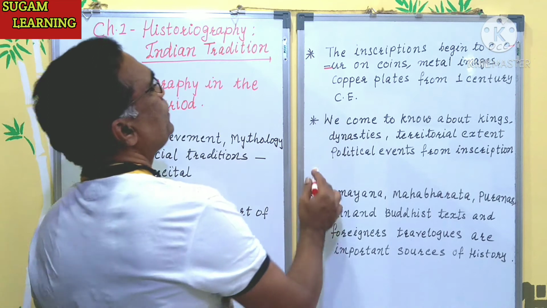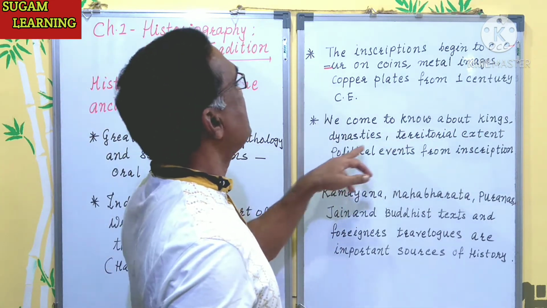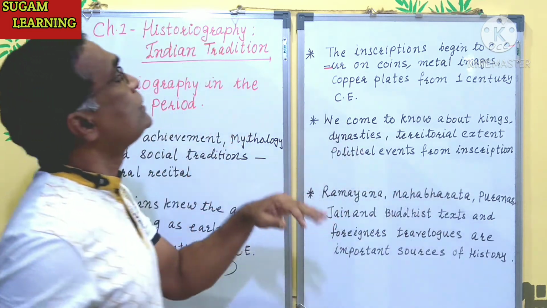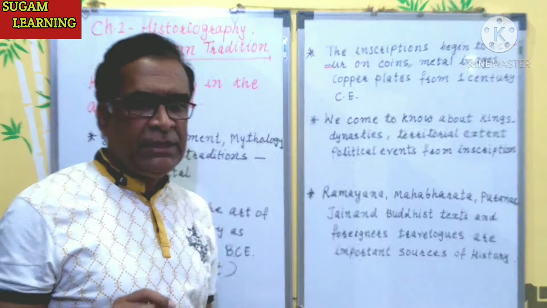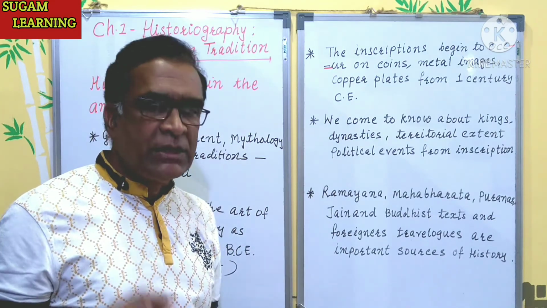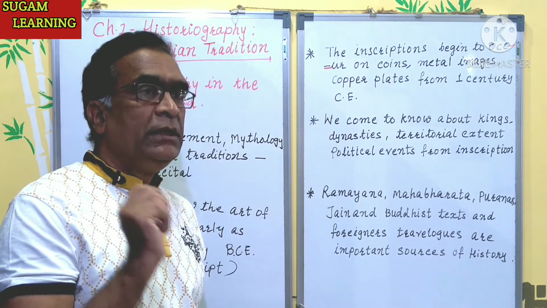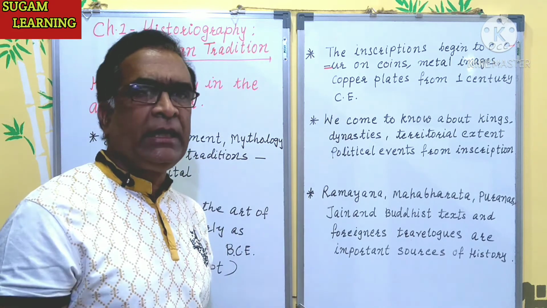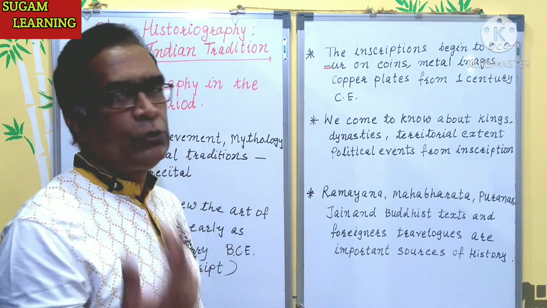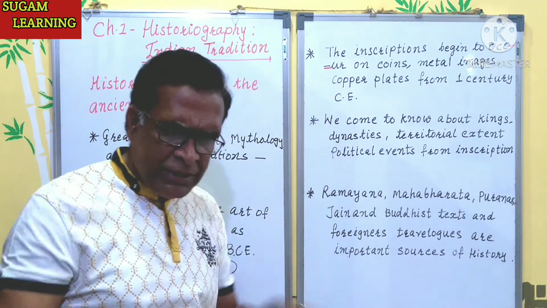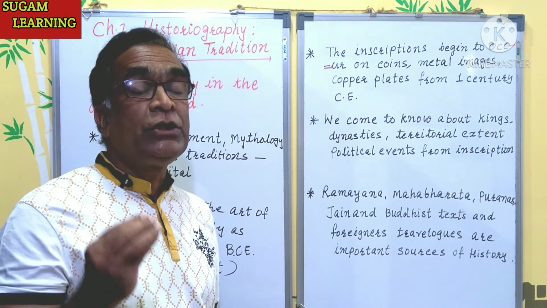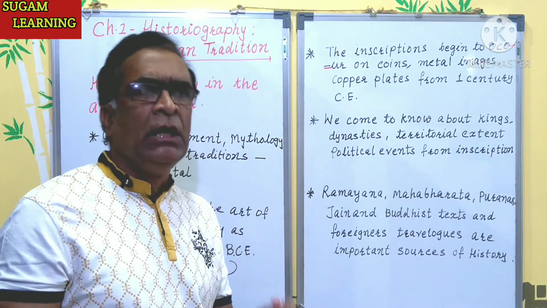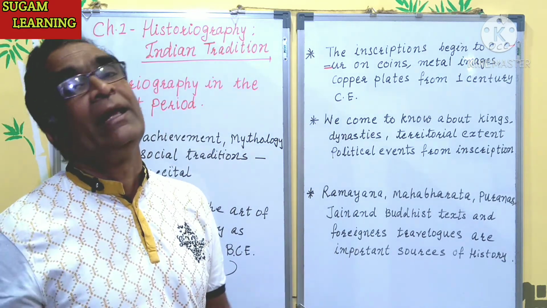Let us switch on to the next point, which says we come to know about kings, dynasties, territorial extent and political events from inscriptions. Also, at various places stone inscriptions have been discovered, which show that there were important instructions given by the then emperors, kings and rulers to the societies, to the people. Also, those inscriptions bear information about the territorial expansion which has been done by an emperor or a king.